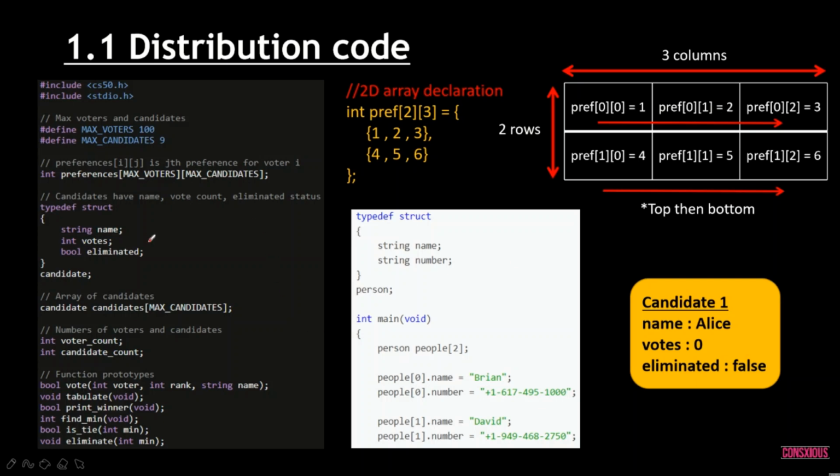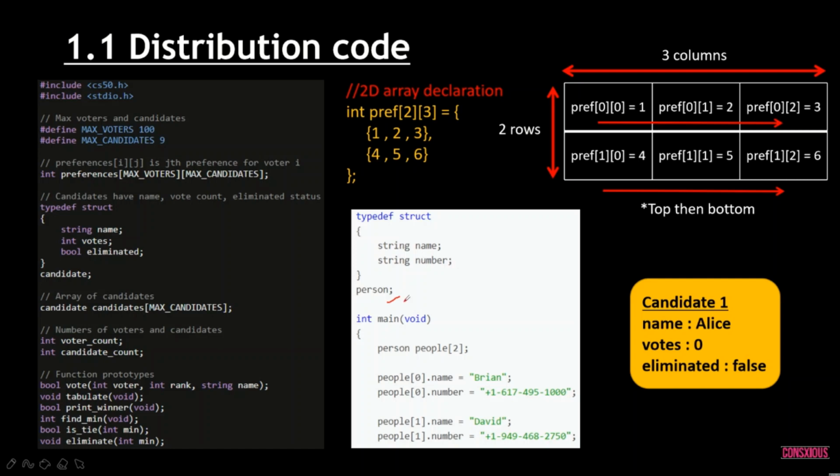So next we go through the typedef struct candidate. Each candidate has a name, votes, and eliminated. This is the size of the candidate. You can see this is roughly the same thing as in the CS50 exercise, where a person has a name and a number.